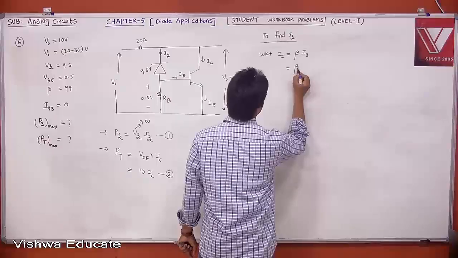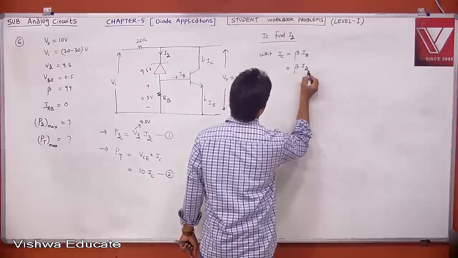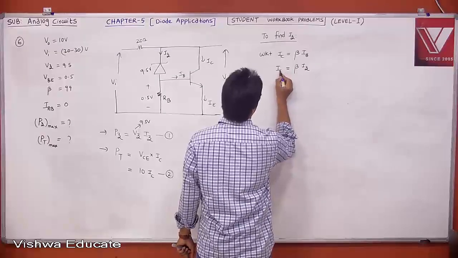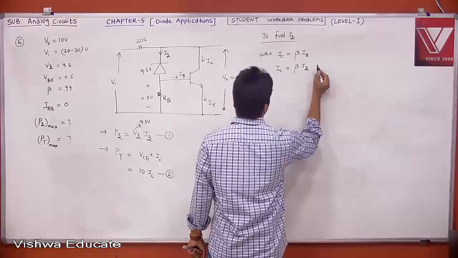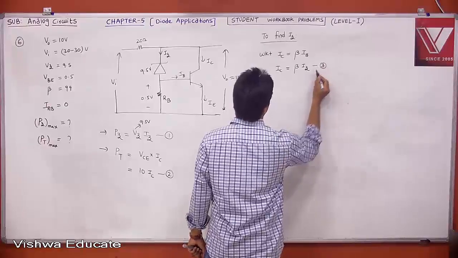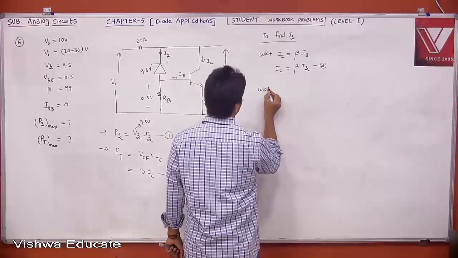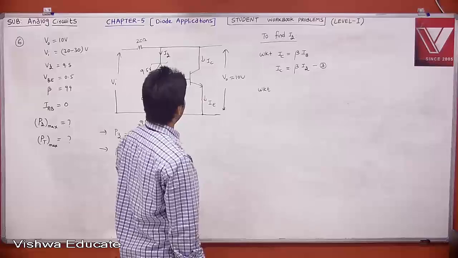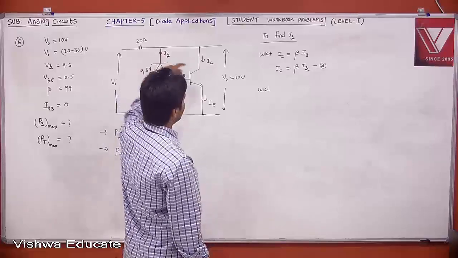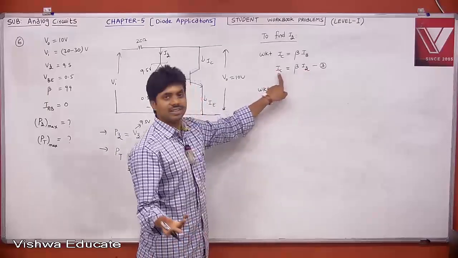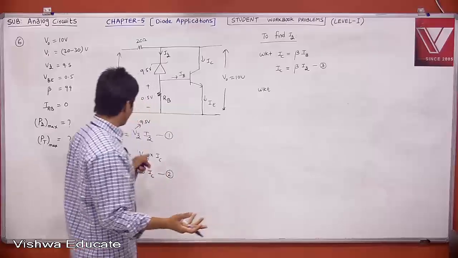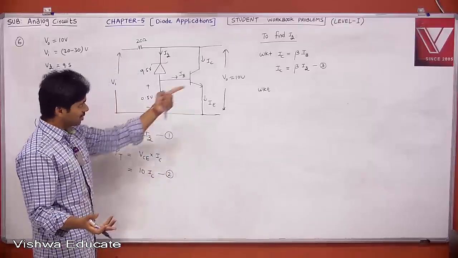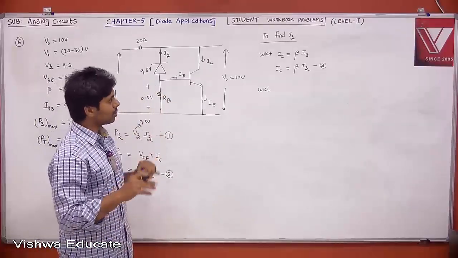Therefore beta into Iz is your collector current, right? You can call this equation 3. If you know Iz, indirectly we know IC. That is what we need, right? If you know Iz, similarly we can find IC also from this equation. If you know Iz, problem is over.